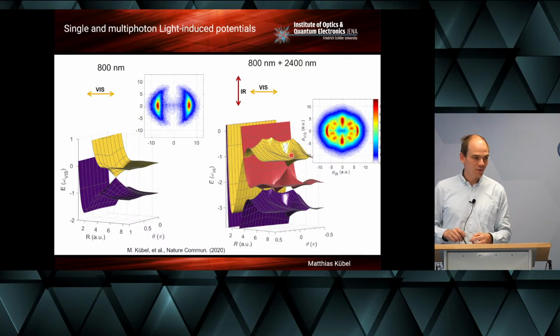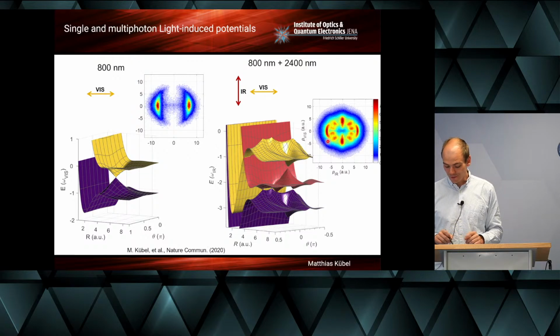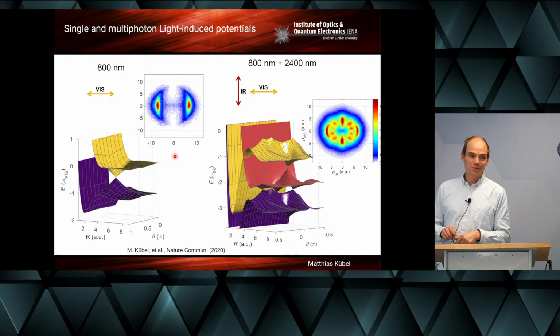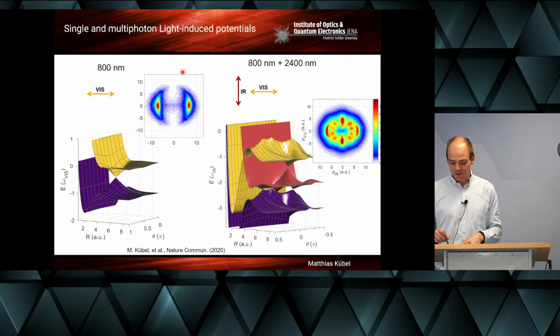From this perspective, it's not so surprising that now the momentum distribution of the protons that we measure is also strongly structured. However, when we observed this, it came as a big surprise to us, because all the momentum distributions that we observed so far always looked something like this.